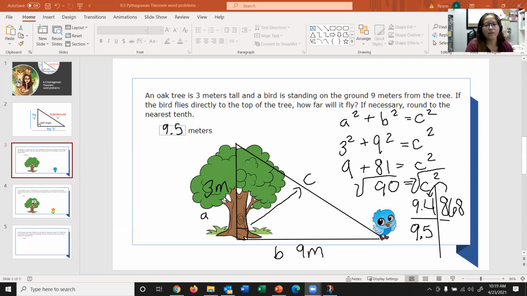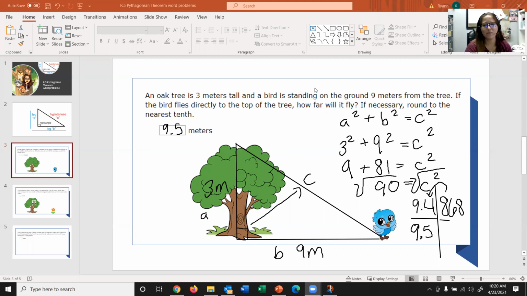Looking at the other sides of the triangle, we have 3 and 9, and then our answer of 9.5, and 9.5 is the biggest side. So we followed the steps, we're on the right track, and more than likely we did all the steps correctly and this is correct. We did get the biggest side, okay? So the bird has to fly 9.5 meters.